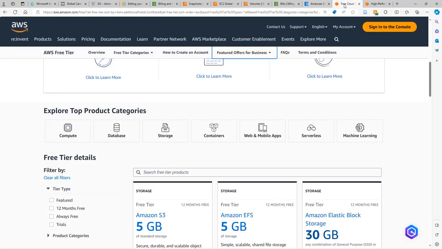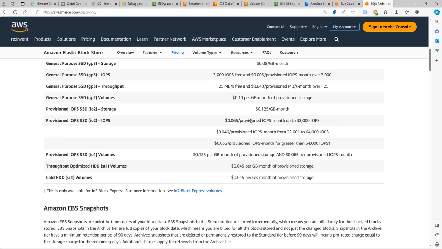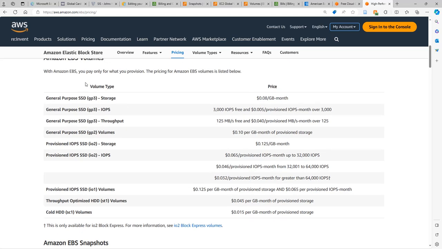In terms of the pricing, I had a general purpose SSD volume, GP2, which costs 0.1 per gigabyte per month.